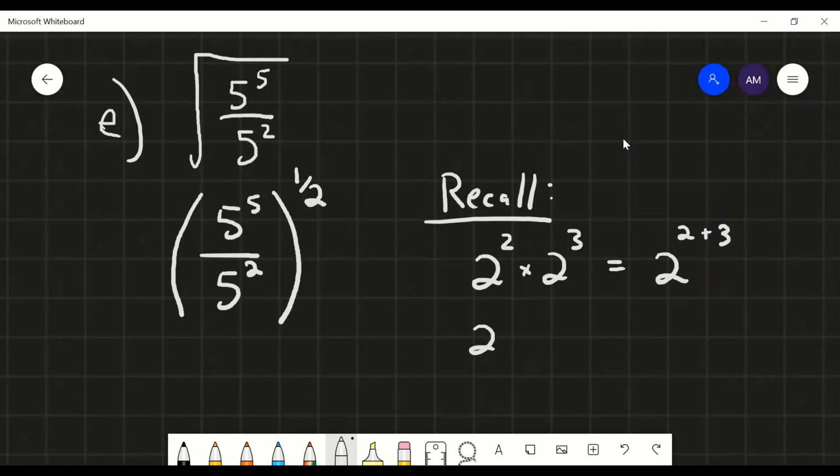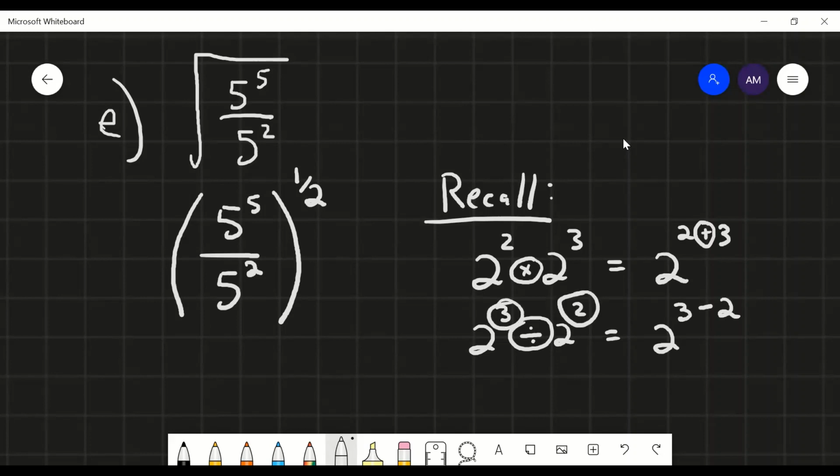If ever I wanted to divide an exponent, let's say 2 to the power of 3 divided by 2 to the power of 2, well, a division is the opposite of a multiplication. So the result would just be the opposite. Well, what's the opposite of addition? It would be subtraction. So this would just be 2 to the power of 3 minus 2.